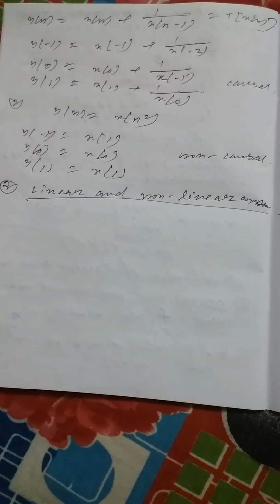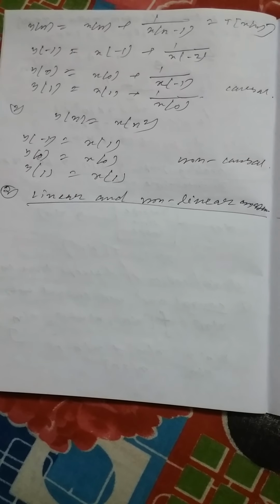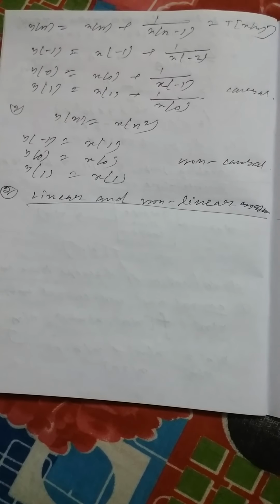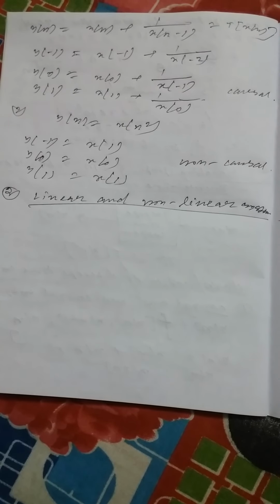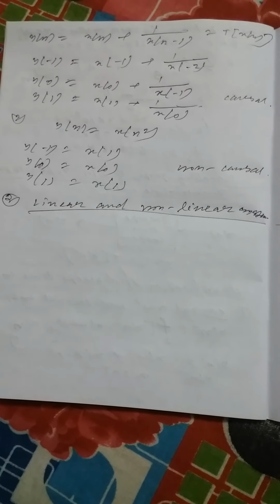Now what is the superposition principle? The superposition principle states that the response of the system to a weighted sum of signals should be equal to the corresponding weighted sum of the outputs of the system to each of the individual inputs.